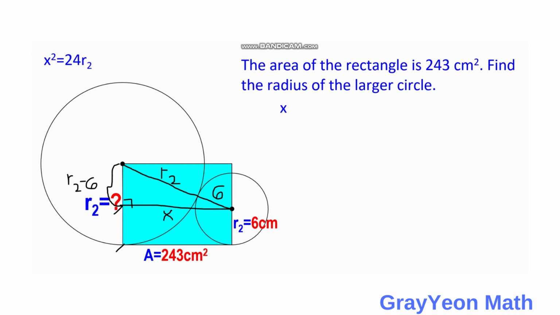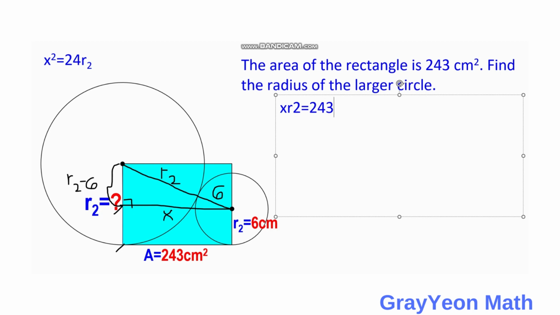Notice that the area of this rectangle is 243 square centimeters, and the sides are X, which is the length, and R sub 2. The product of those is the area, so X times R sub 2 is equal to 243.